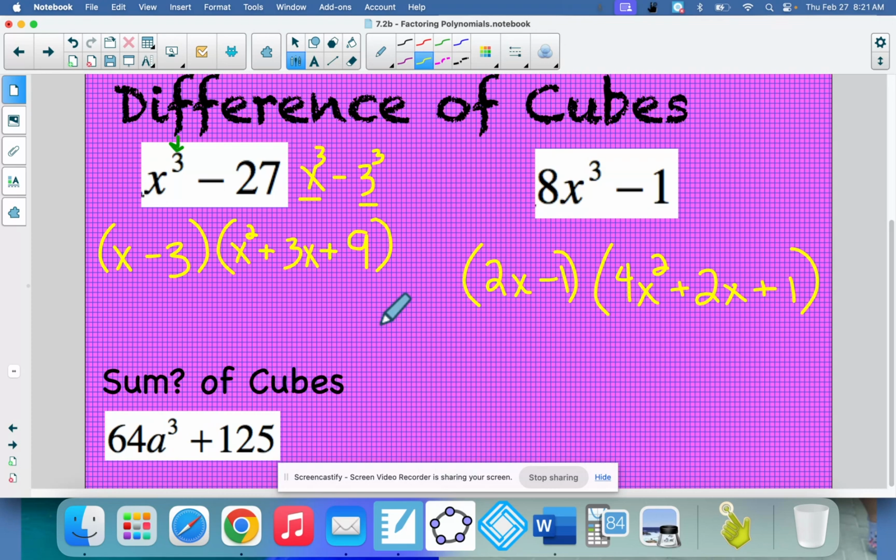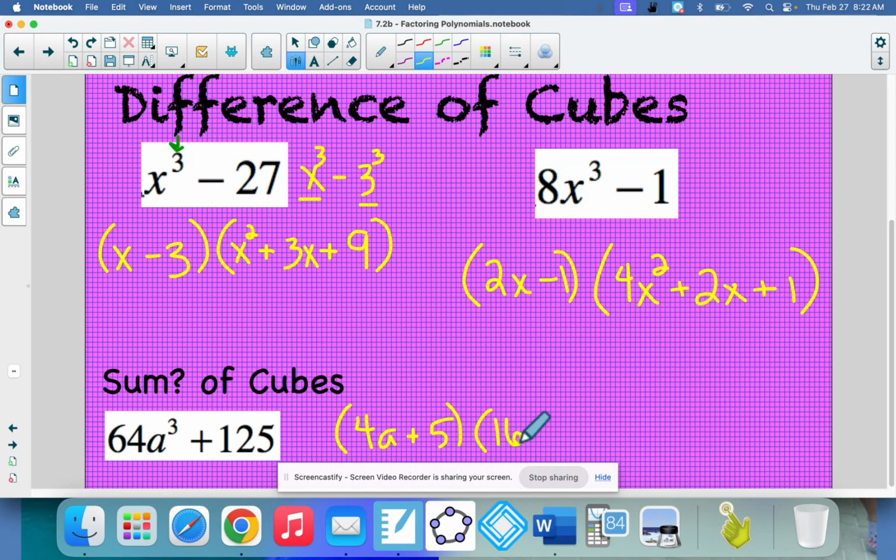And so if you've done this one already, the cube root of 64a to the third would just be 4a. That's what we're looking at here. And the cube root of 125 is 5. So we're going to use a plus here to begin with because it's the same sign as what starts the question. So plus, plus. And then we have the quadratic part, which is going to start with the first one squared.